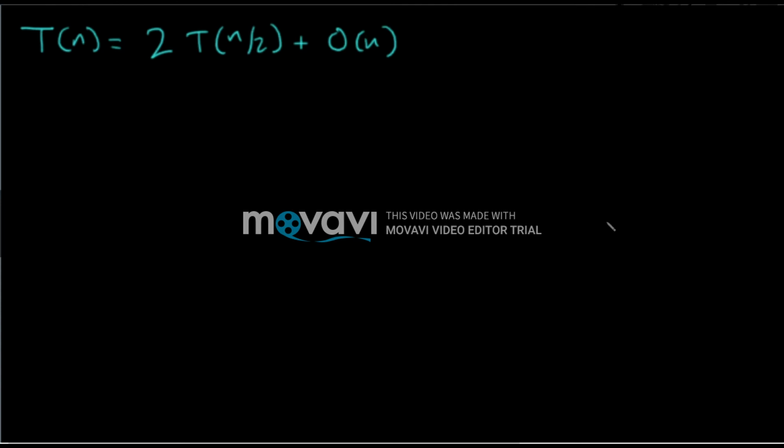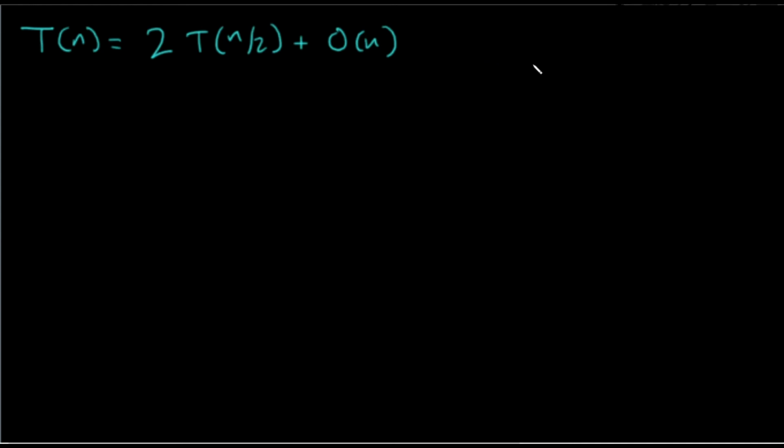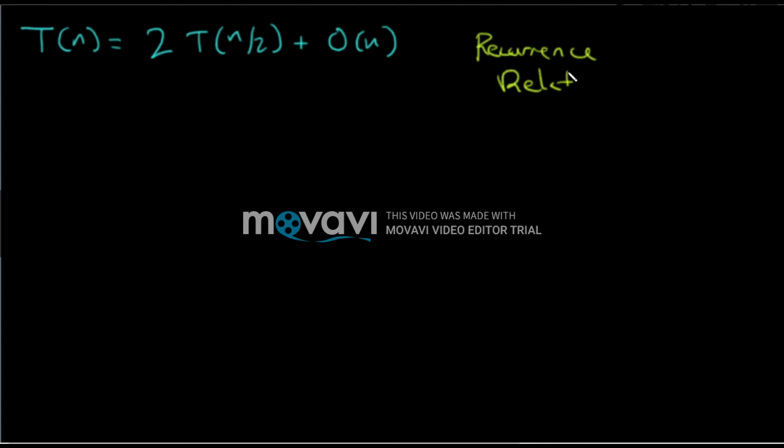Let's continue our discussion of the runtime for Mergesort. Last time we looked at the pseudocode for Mergesort that we had written, and we discovered what we call a recurrence relation for the runtime of Mergesort.